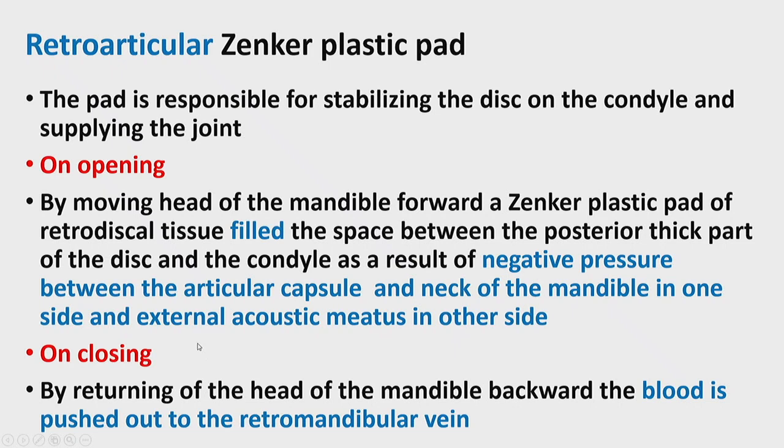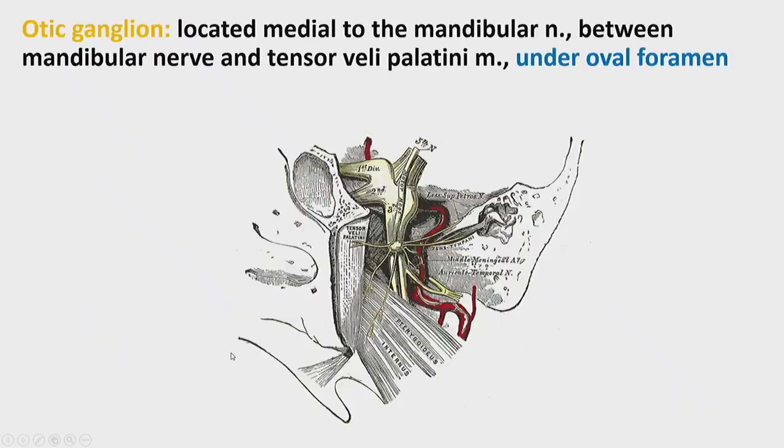By closing the mouth, the head of the mandible goes back, pushing this plastic pad to make it empty, and from the emptying of this blood, it goes to the retromandibular vein through the maxillary vein, which in the chapter of the TMJ we also said.